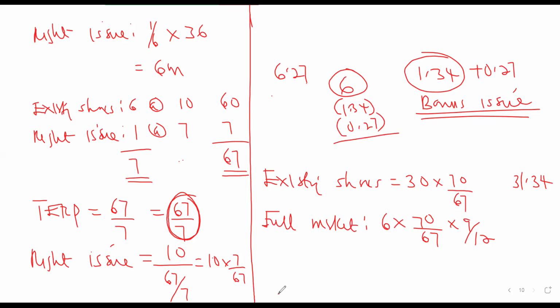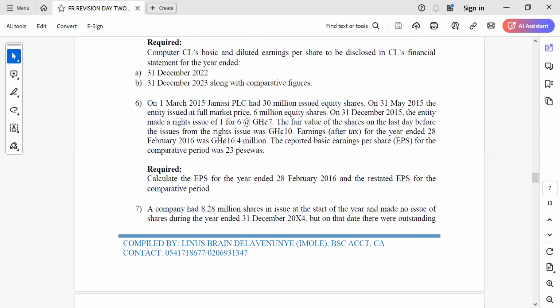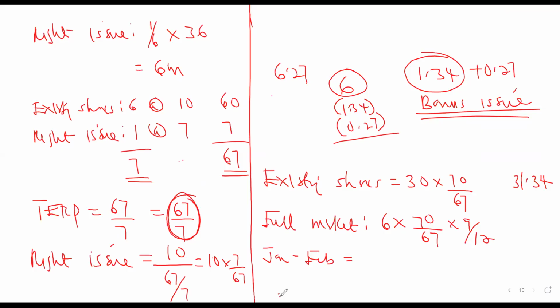What will be the remaining value? 4.39. That 4.39 is the full market value, which was done on 31 December. So that will be January to February, only 2 months. So 4.39 multiplied by 2 over 12. Please put the answer there.